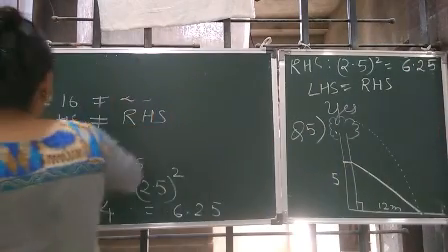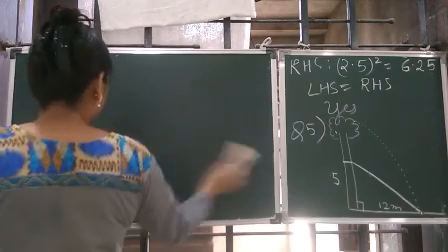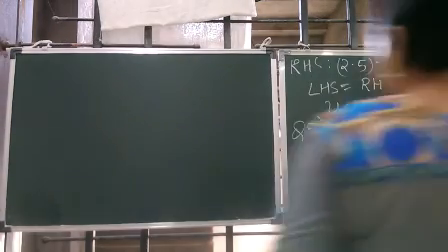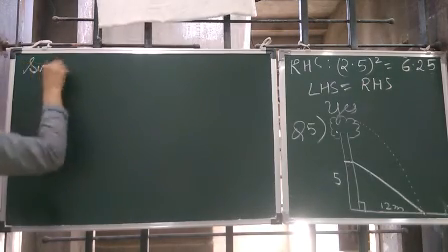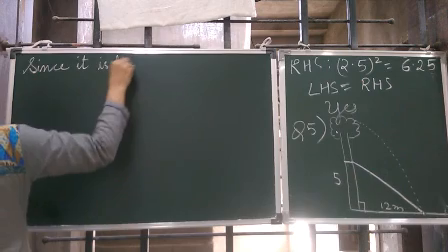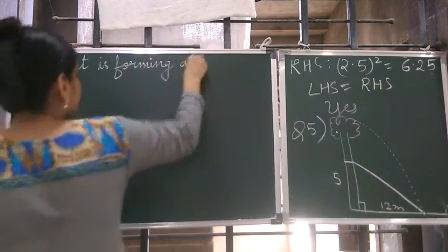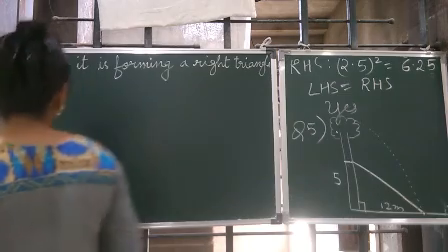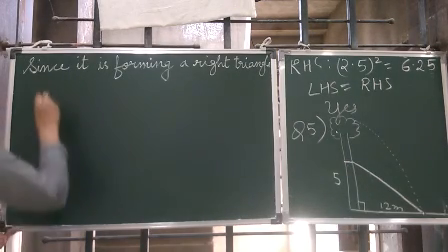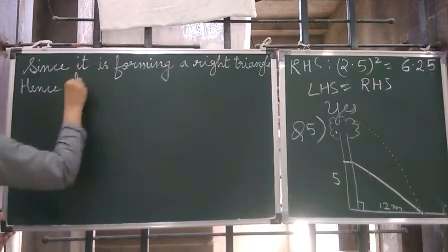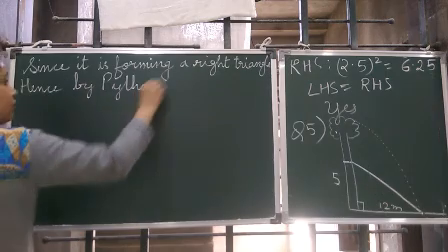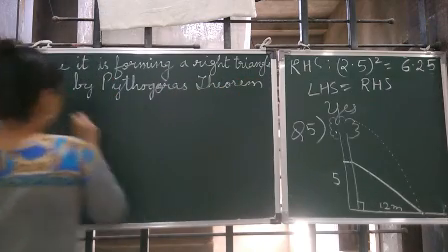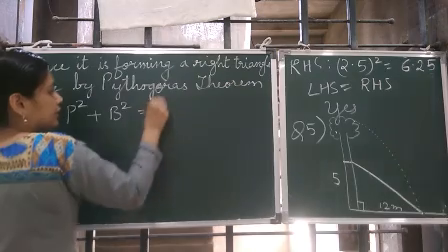Since it is forming a right triangle, hence by Pythagoras theorem, perpendicular square plus base square is equal to hypotenuse square.